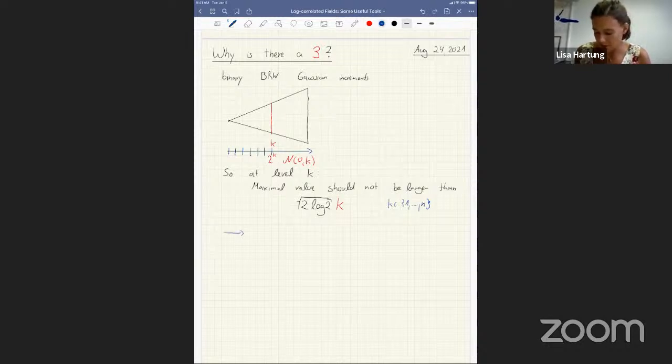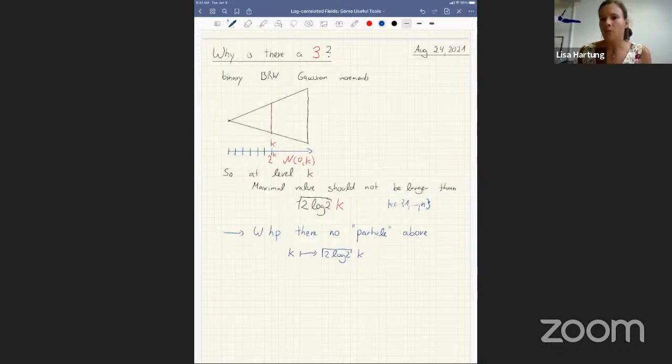I can turn this into: with high probability, there is no particle, and now I will really use the term particle, which is above the function, and now I view it as a function in time that maps k to this linear function square root 2 log 2 times k.